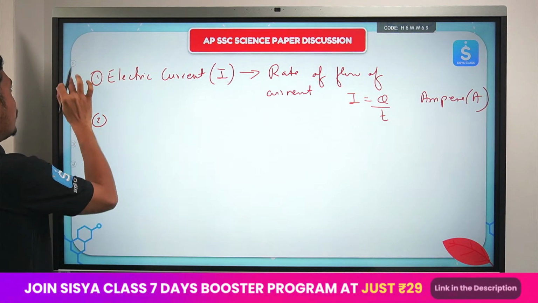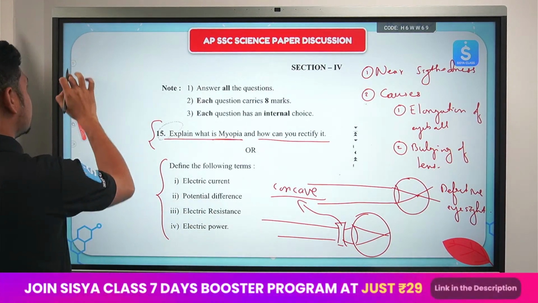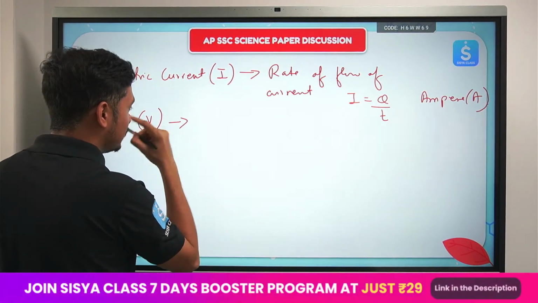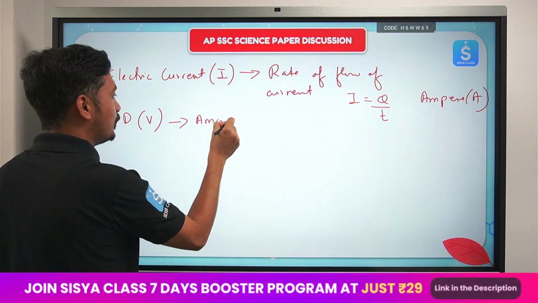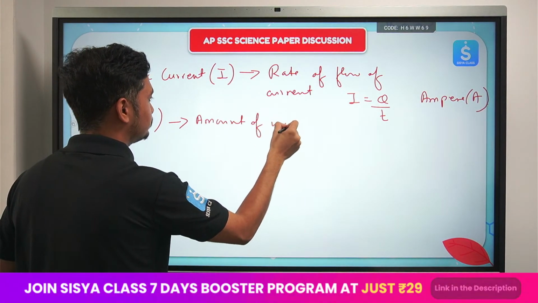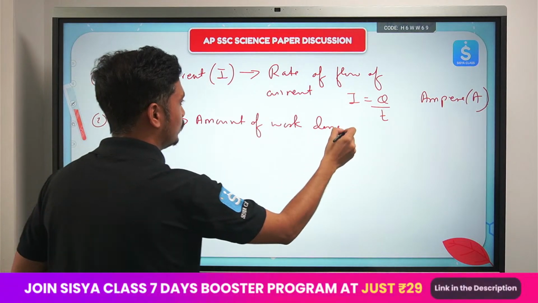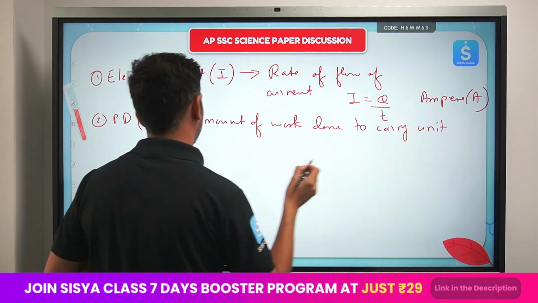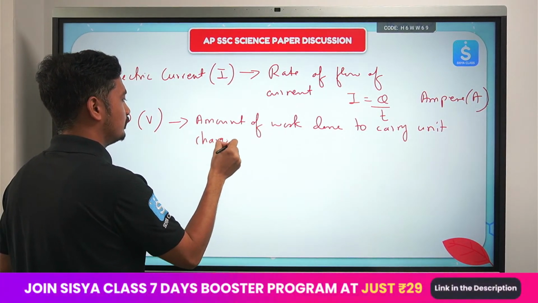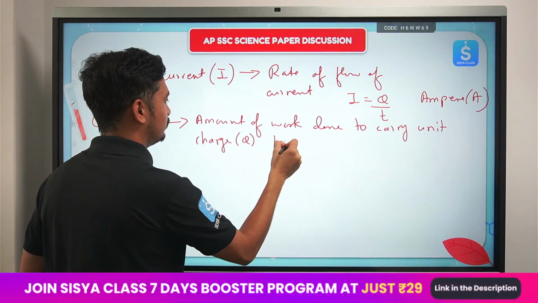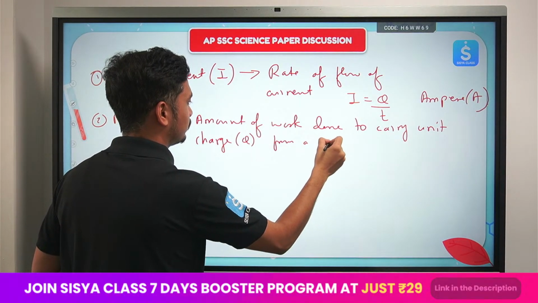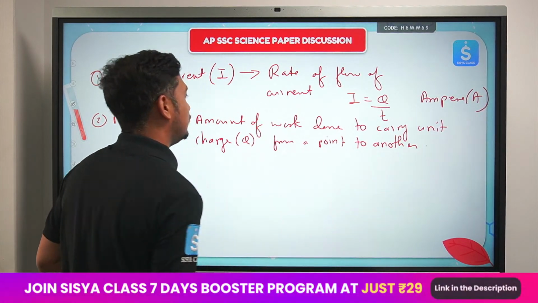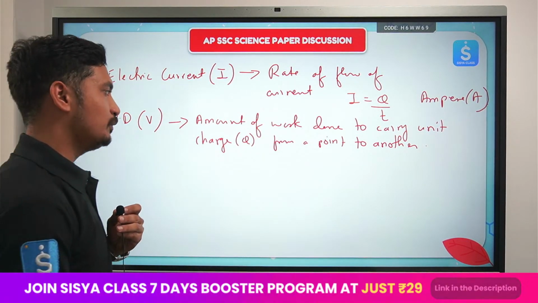Second, moving ahead. Now the second question was for potential difference. So we have PD, sometimes also written as voltage. It is the amount of work done to carry unit charge Q from a point to another.